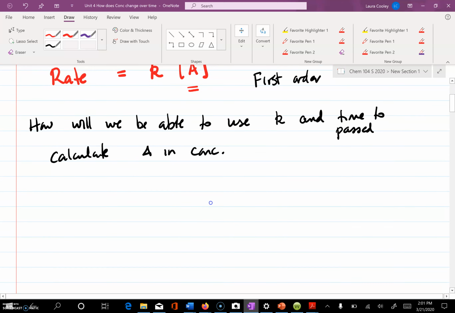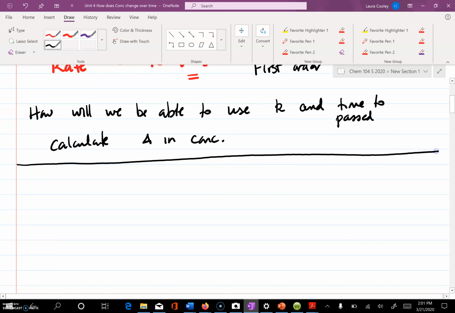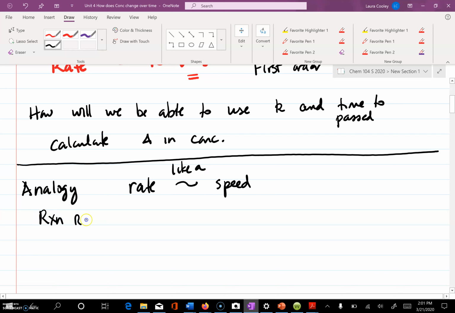So before I start talking about reaction rates, I thought I would do an analogy. First of all, a rate is like a speed. You could say the rate that your car is moving, or the speed that your car is moving. A reaction rate is equal to the change in concentration divided by the elapsed time.